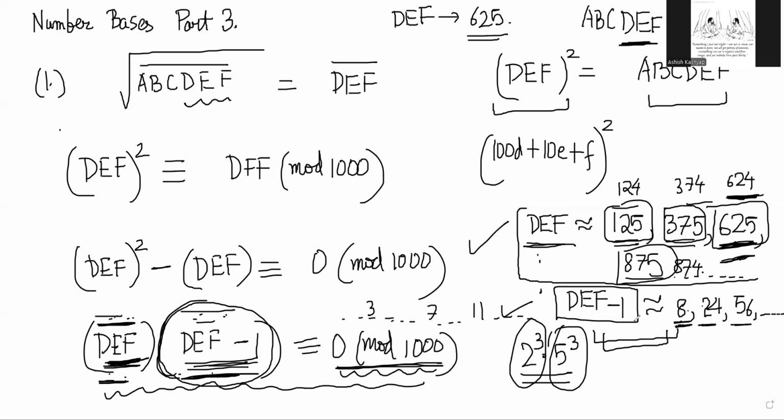If DEF minus 1 was 125, 375 and all, then you can add 1 to each of the numbers and see which one is divisible by 8. In that case, 376 is divisible by 8. So you're getting DEF as 376.